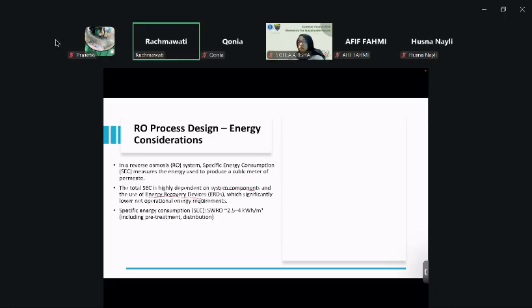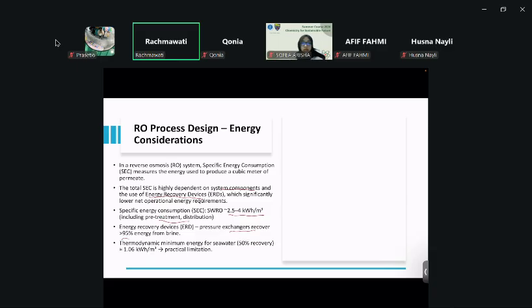Now, the specific energy consumption here is around this. It includes pretreatment and distribution, while the energy recovery device, the pressure exchanger, recovers 95% of the energy from the brine. There's also a thermodynamic minimum energy for the seawater, at a minimum 50% recovery.